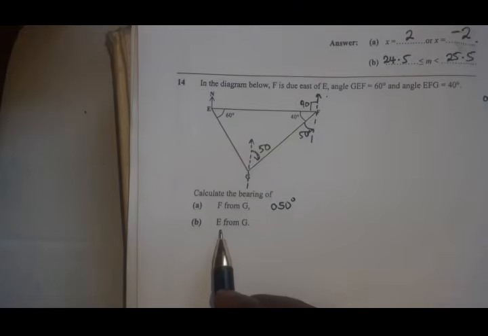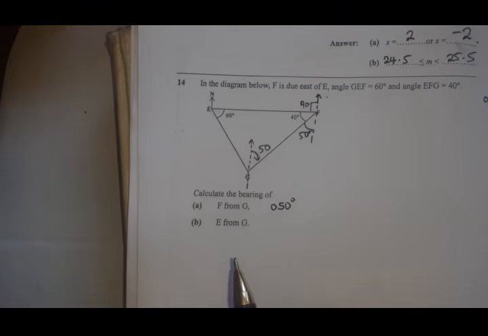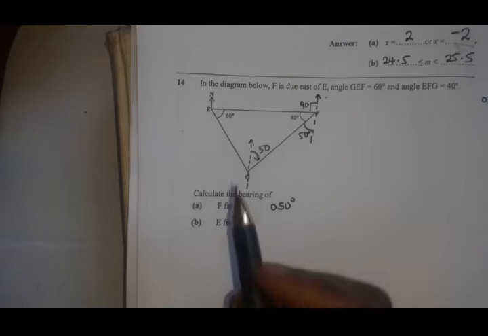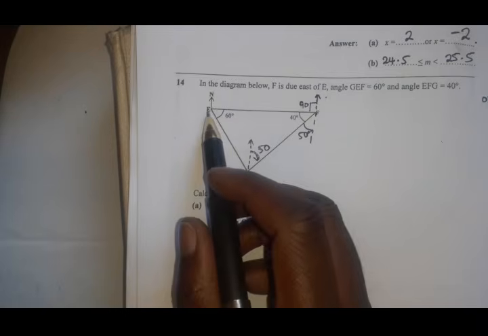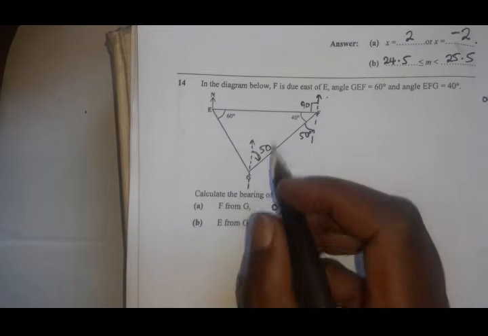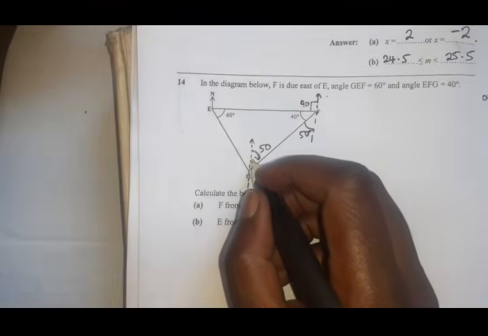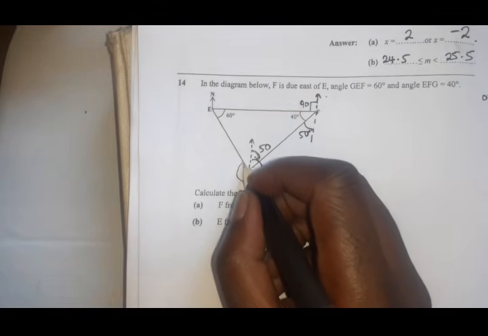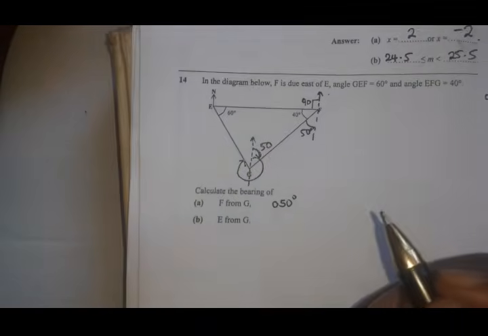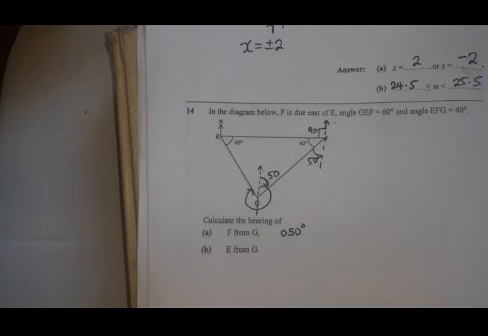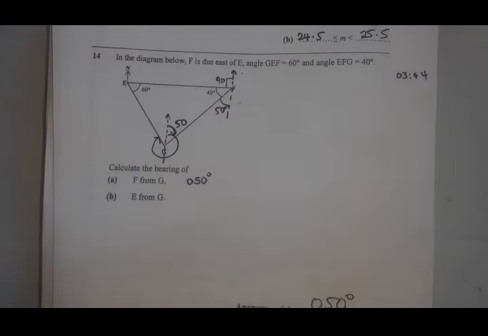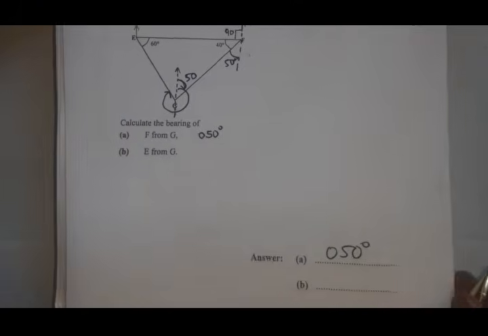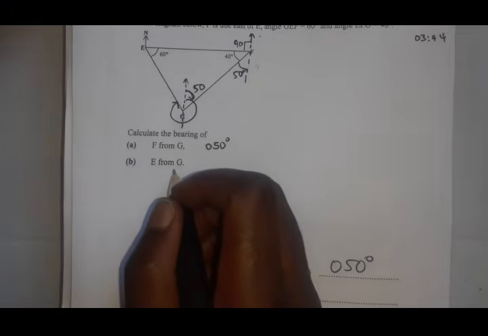Then the bearing of E from G. So now it is this whole, okay? That is what we want here. So we are saying the bearing of E from G. This is what I've shown here.